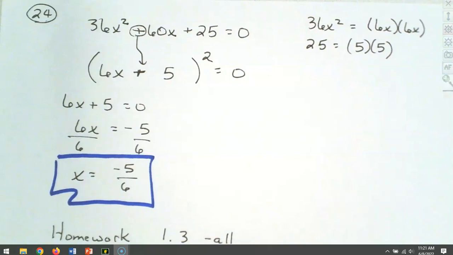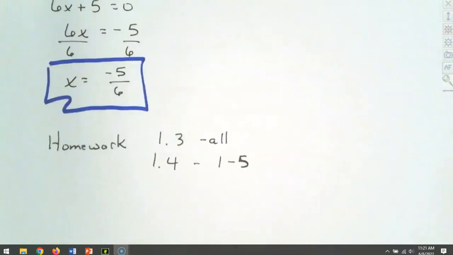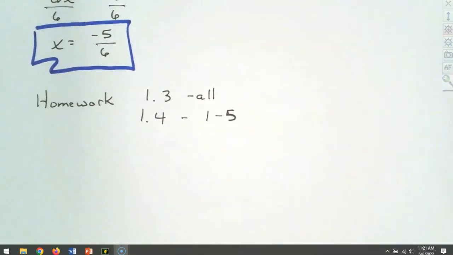So you should be able to do 1 through 5. Okay, so 1.3, you can do them all. 1.4, you can do the first set, which is zero factor, which is 1 through 5. Okay, so that's going to be your homework for Monday.